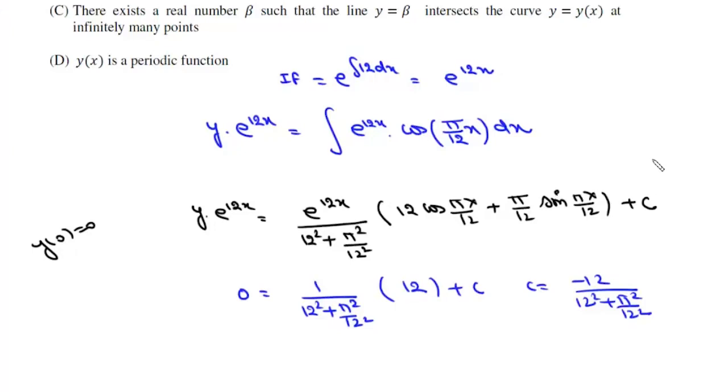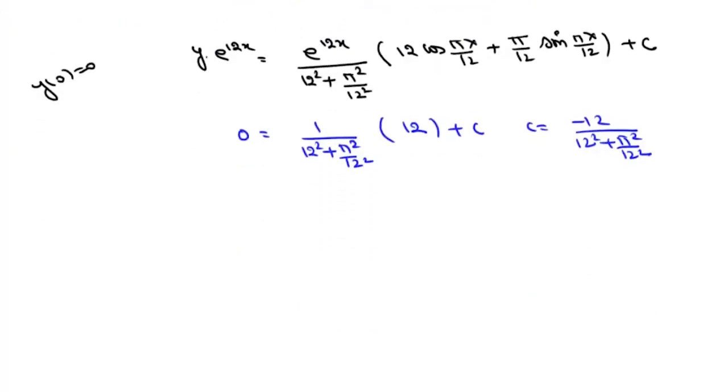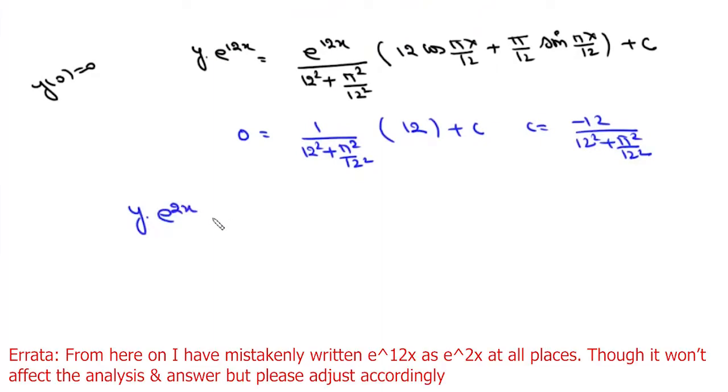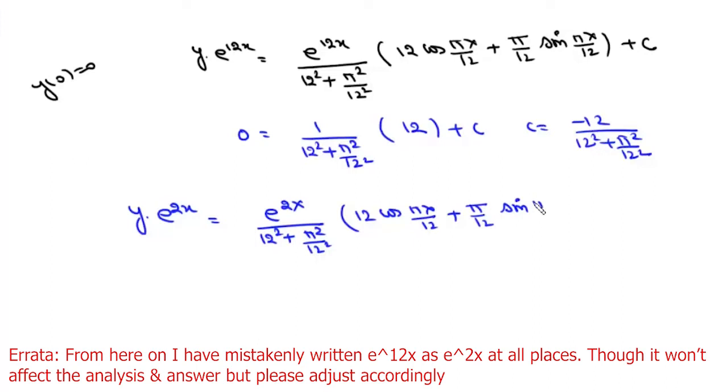So we can write this function y as y into e to the power 12x equals e to the power 12x upon 12 square plus pi square upon 12 square, times 12 cos(pi x by 12) plus pi by 12 sin(pi x by 12), and then minus 12 upon 12 square plus pi square upon 12 square.